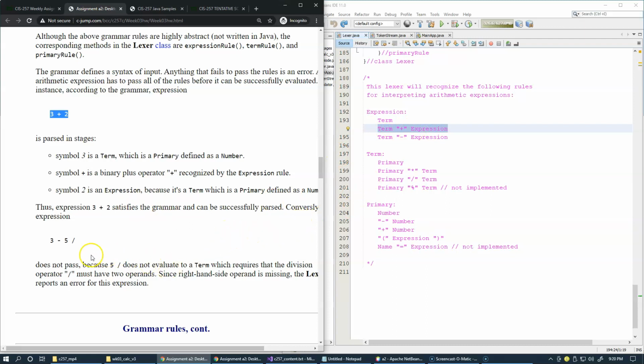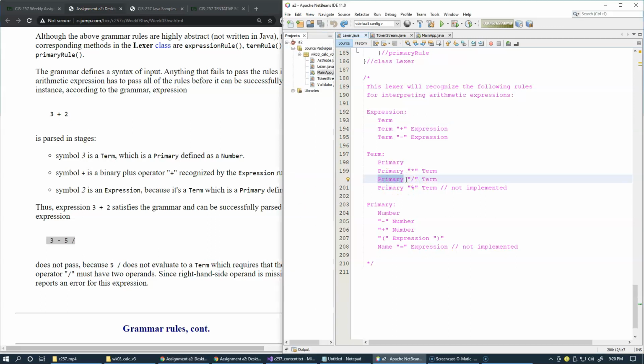On the opposite side, an expression such as 3 minus 5 with the division sign right here does not evaluate to a term, because the term requires that the division operator must have 2 operands. Essentially, as we begin our evaluation, we'll run into the primary, followed by the division, followed by the term. But the term is missing, right?